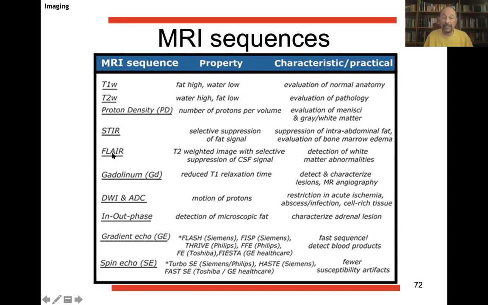Some of them, like FLAIR, is a T2 weighted image with selective suppression of the cerebrospinal fluid signal. This is much better for detection of white matter abnormalities. You can use gadolinium that reduces the T1 relaxation time to detect and characterize lesions, and for angiography to do it live. There are many other different sequences.